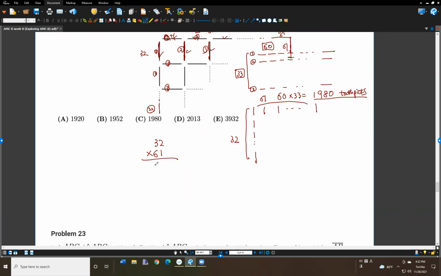Take a look over here. 32, 6 times 2 is 12, 6 times 3 is 18 plus 1 is 19. So 1952, right? That's the total number of the other shaped spacers.